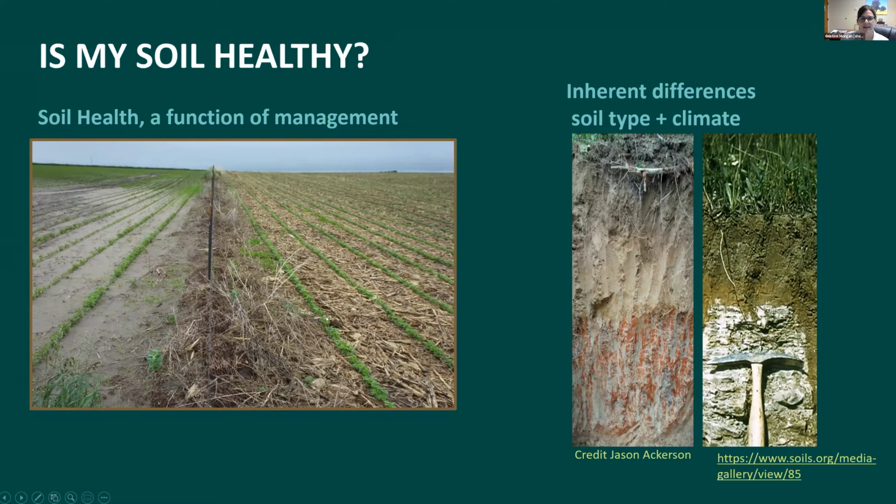Whereas on the right-hand side, again, same field, same soil, same slopes, same environmental conditions. However, the management has changed. And we can see a different response of how that soil under this no-till management, with a lot of residue on top, is not showing some of the same problems associated with hydrology.